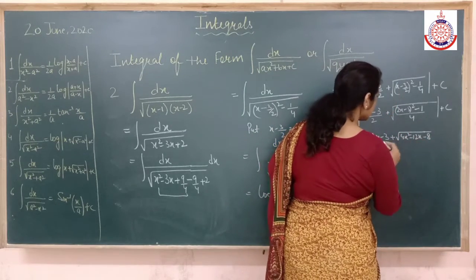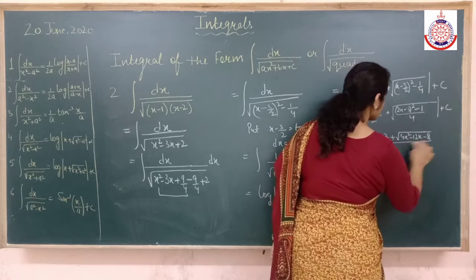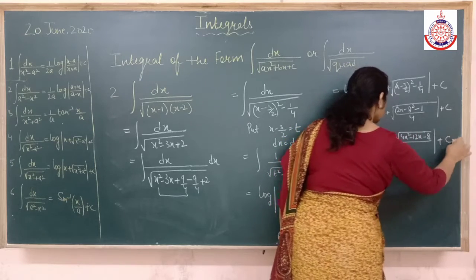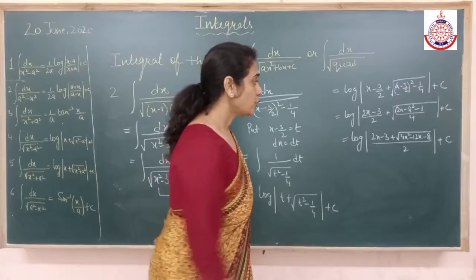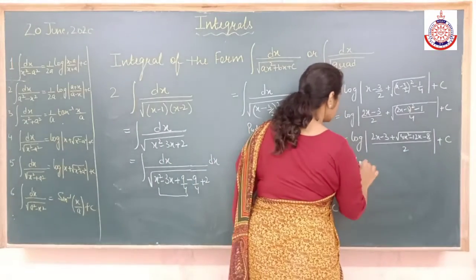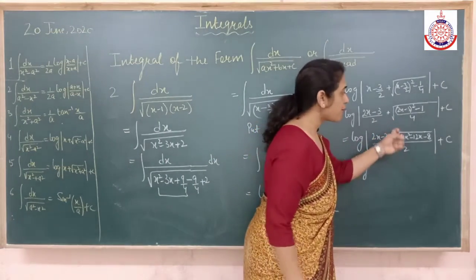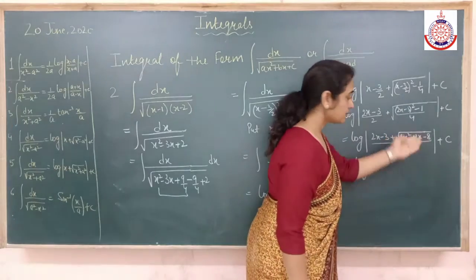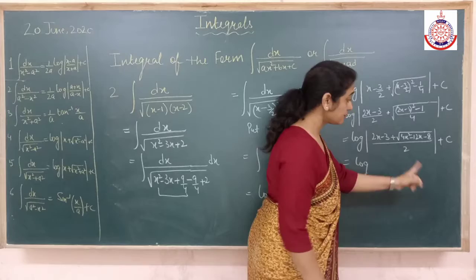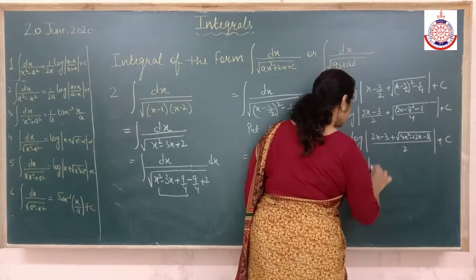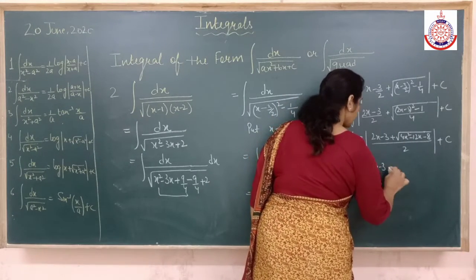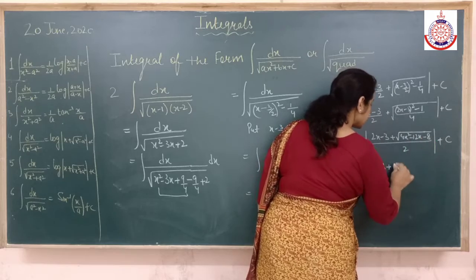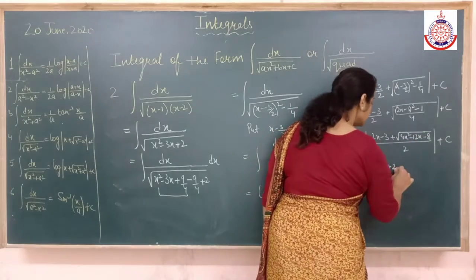Alright, and so this 2 log m upon n, alright, log m upon n, then log m minus log n, log 2 would be adjusted. If I want to take 2 common, I can take 4 common rather.